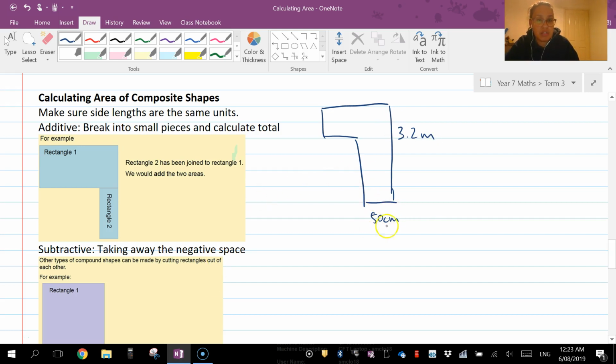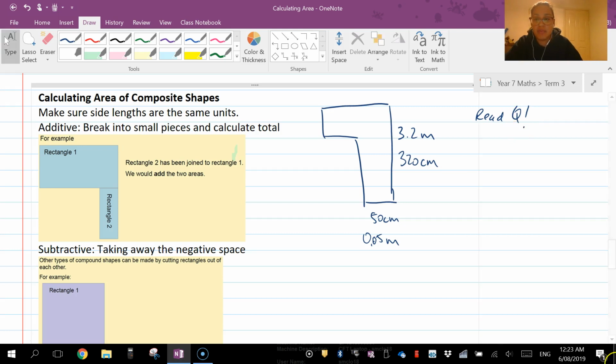Make sure that you are converting one or the other to the same unit. So you might convert this to 0.5 meters, or you might convert that to 320 centimeters. The other thing that might help decide which way you go is to read the question. That's the important part.